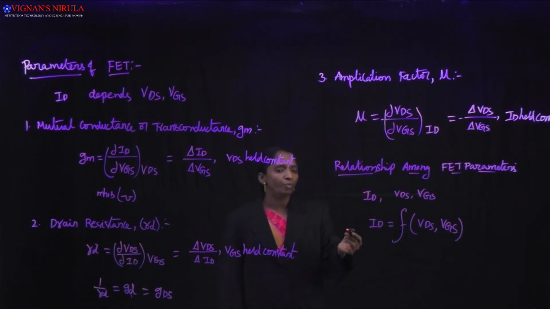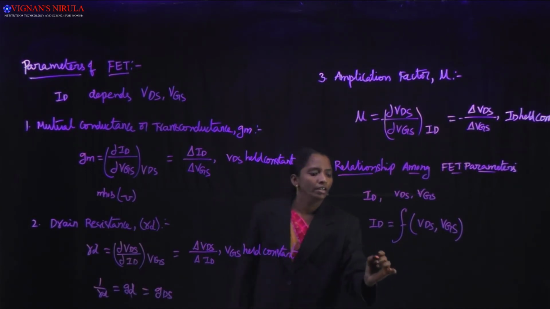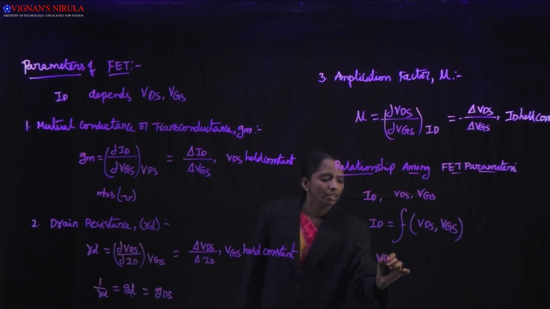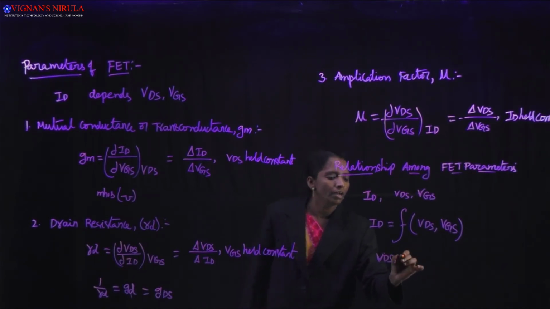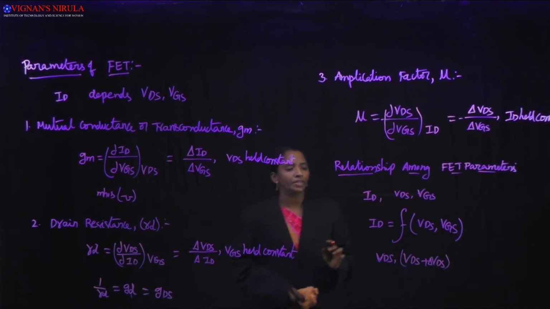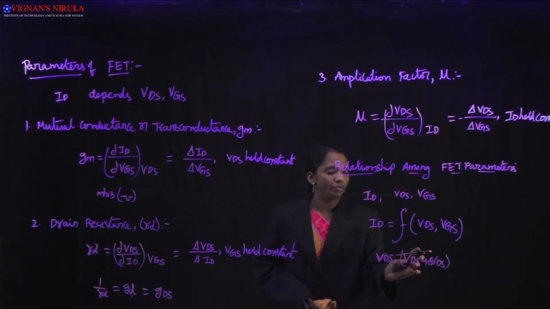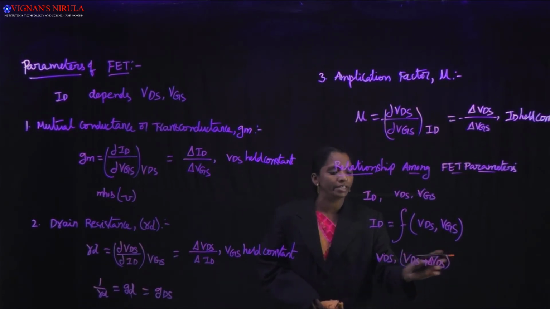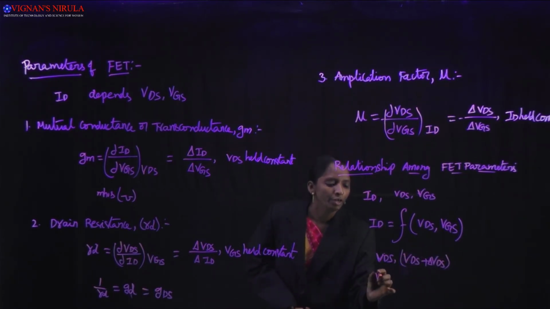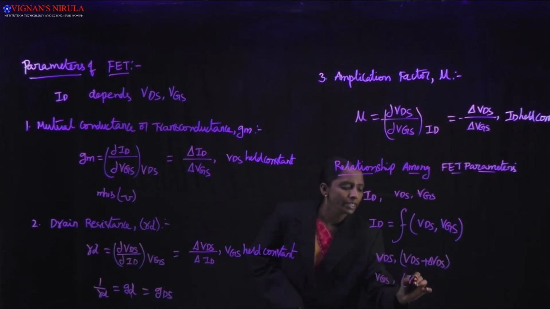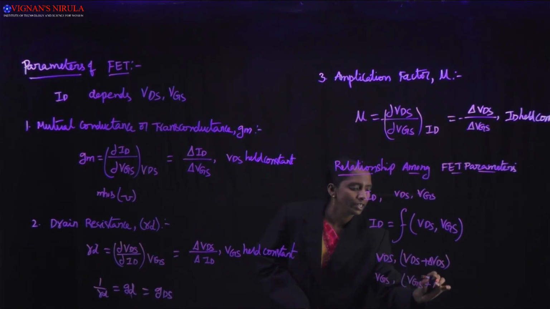Here the output voltage VDS changes to VDS plus change in VDS, and the input voltage VGS changes to VGS plus change in VGS.